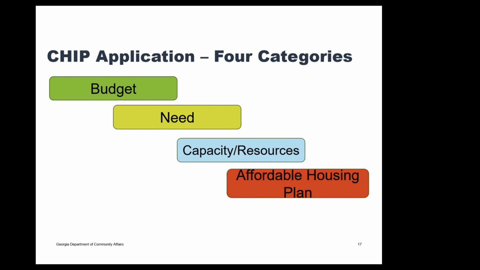So you're only able to administer this program using your project delivery funds that are received per activity. We also look at need, your capacity to administer the program, as well as whether or not you have an affordable housing plan, and also as a part of that affordable housing plan, whether or not you're part of a GIG.